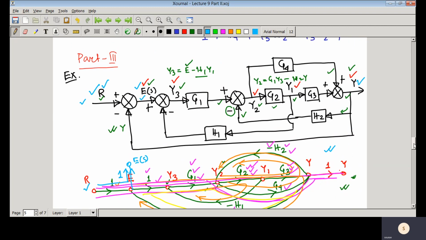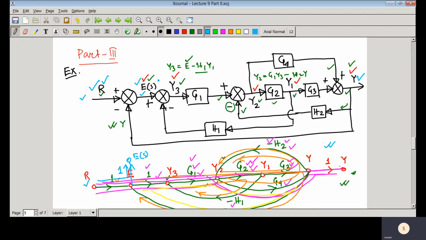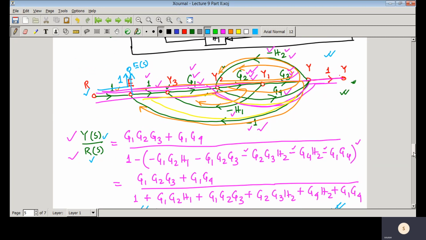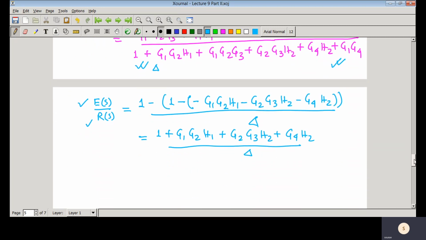Now if you are asked to find the transfer function from error signal to output, yes, you can apply that Mason's gain formula. That technique we have already discussed. If you are asked to find the transfer function from ES to YS, you can write YS divided by RS, and ES divided by RS.